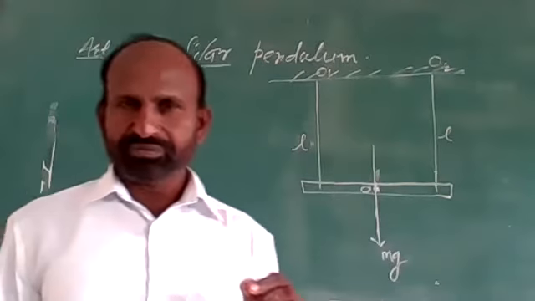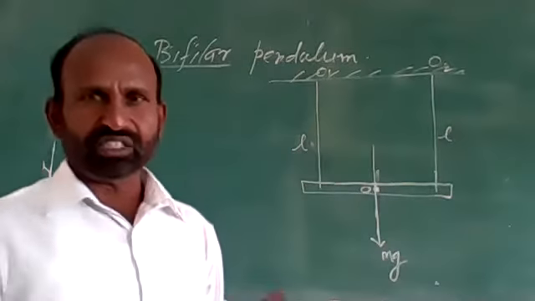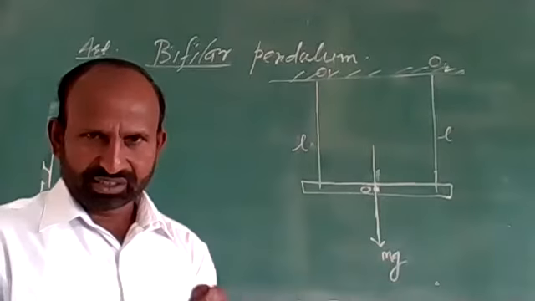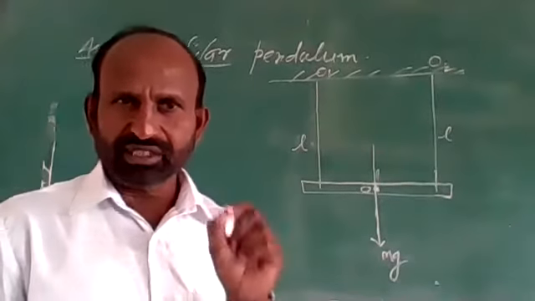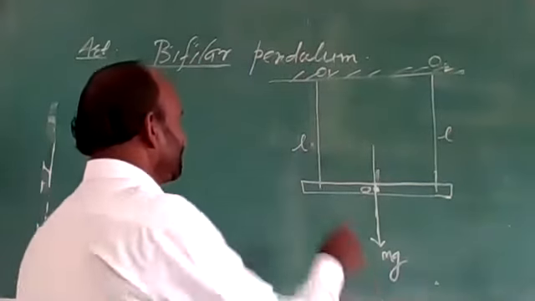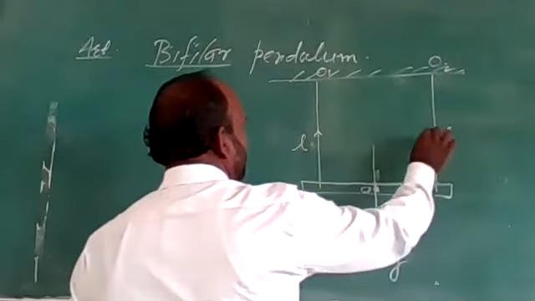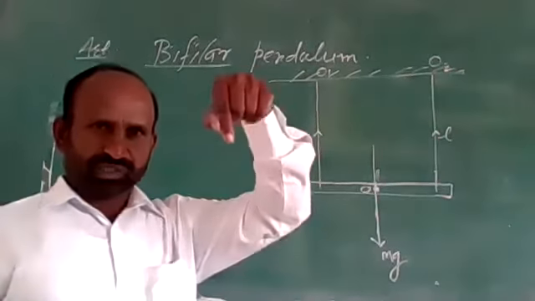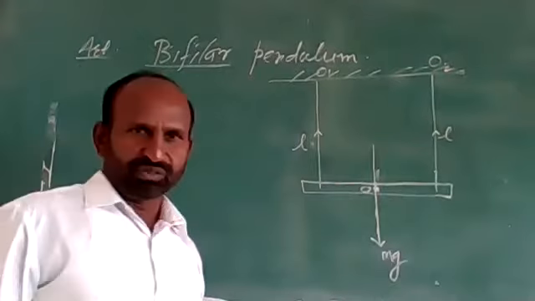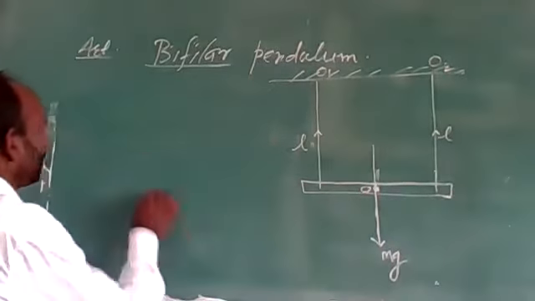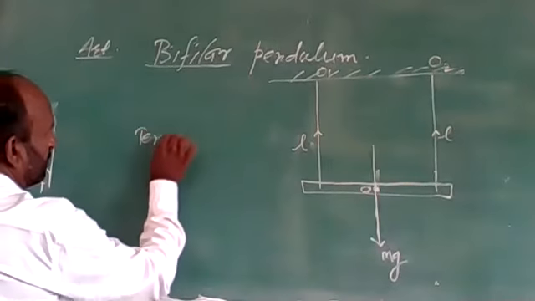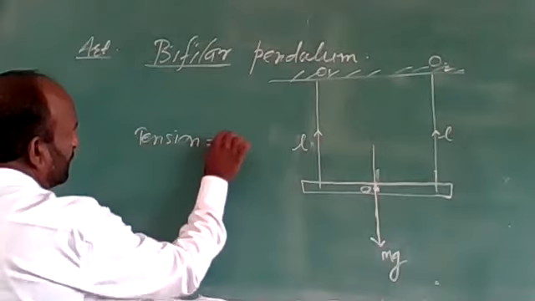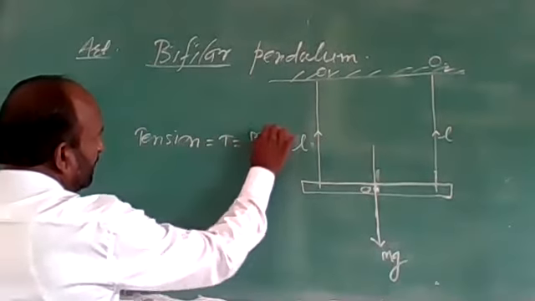Means the total weight is divided among the two threads. Therefore, the tension on each thread, when the bar is suspended, will be mg upon 2.